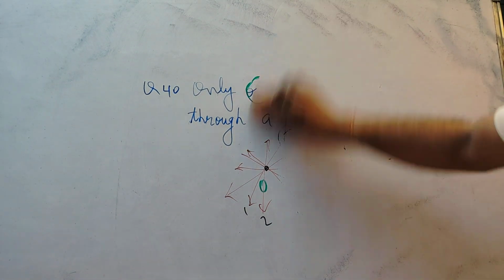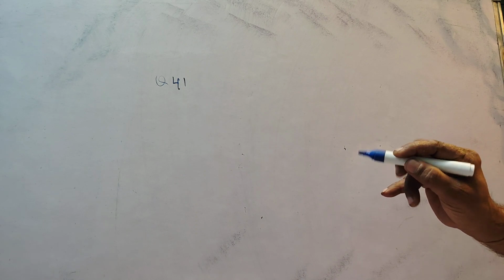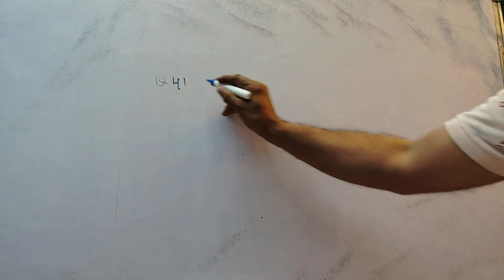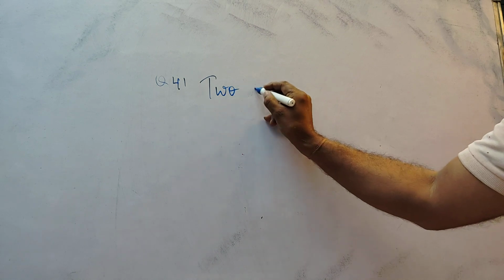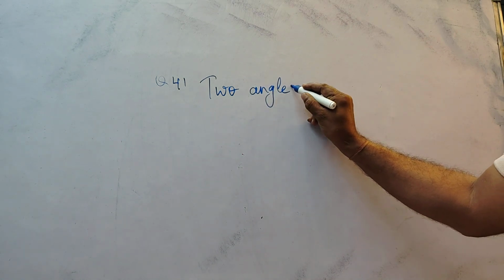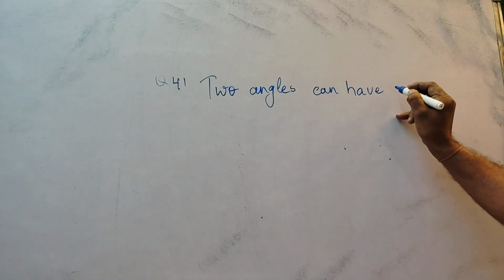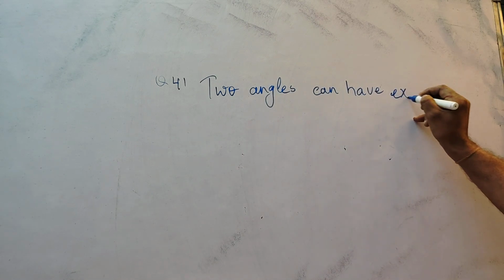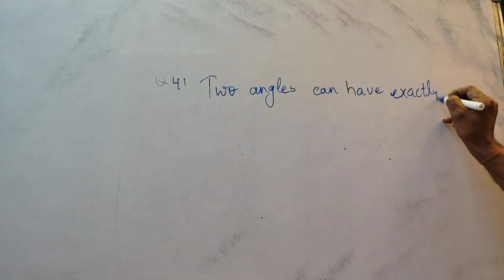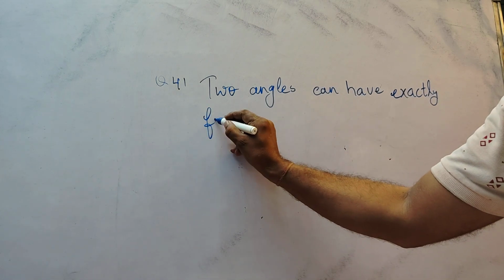Next, question 41. Two angles can have exactly 5 points in common.